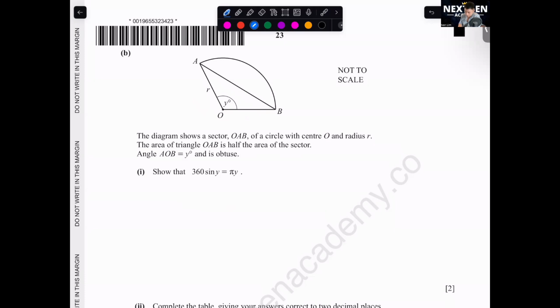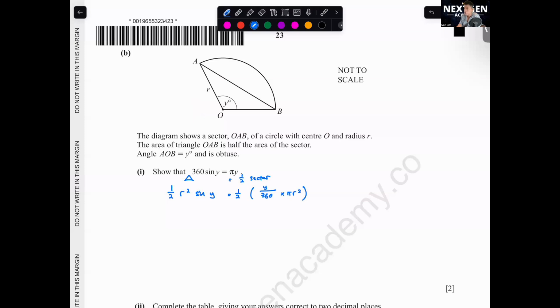So the triangle formula, I can use half r squared sine y. This is the triangle, equals half of sector, which is 1 over 2 multiplied by y over 360 times pi r squared.